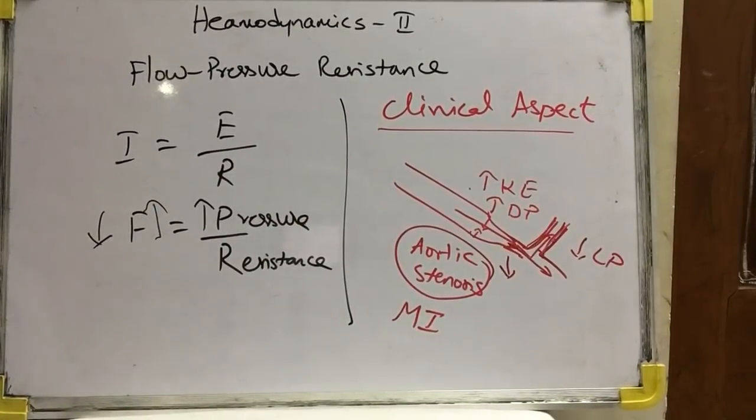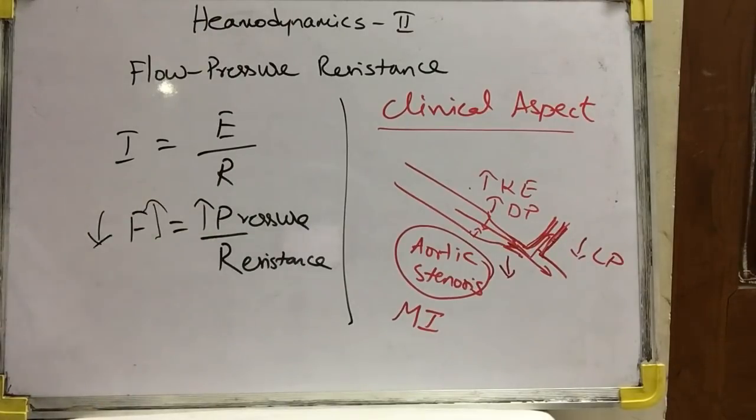Hope you have understood. Whenever there is stenosis of the aorta, the velocity of flow is increasing. That will increase the dynamic pressure. To compensate for this increase in the dynamic pressure, the lateral pressure will decrease. The artery which is present at right angle to the aorta is the coronary artery.